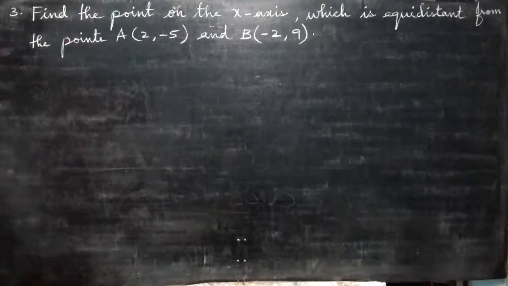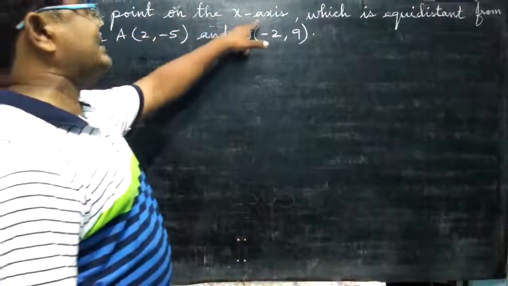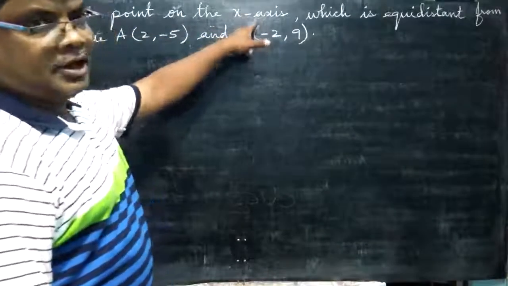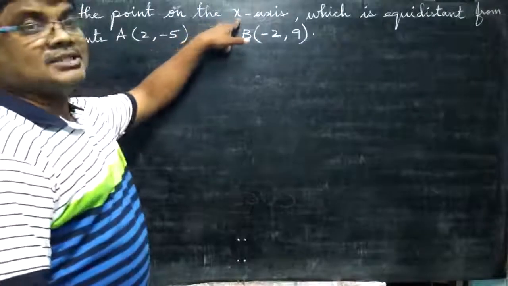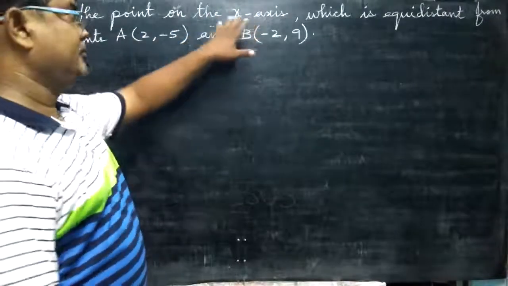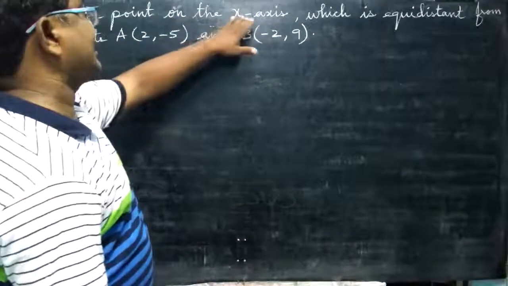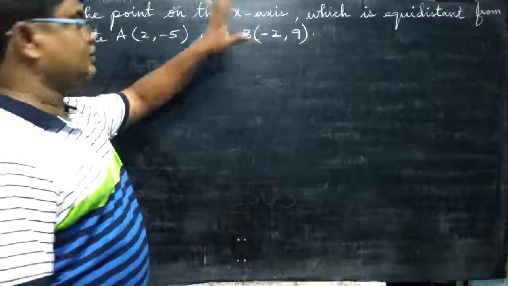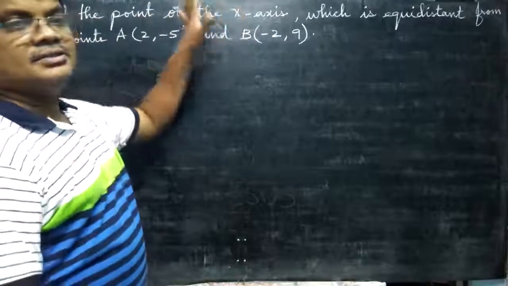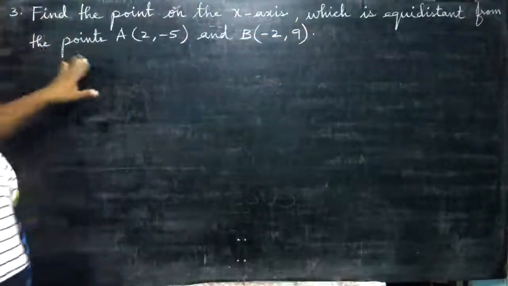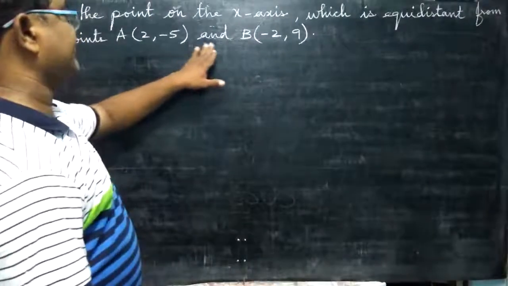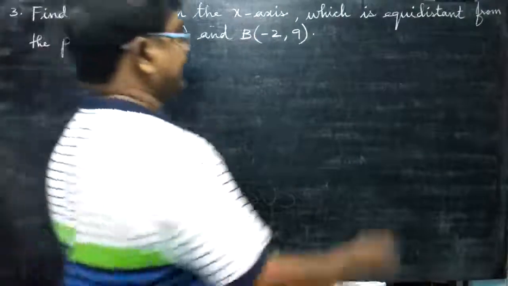Third problem. Find the point on the x-axis. You know, a point on the x-axis will be x comma 0. In the same way, a point on the y-axis means 0 comma y. Very important. Point on x-axis: x comma 0. Point on y-axis: 0 comma y. Which is equidistant from the points A 2 comma minus 5 and B minus 2 comma 9.